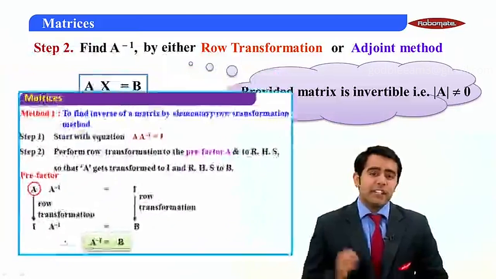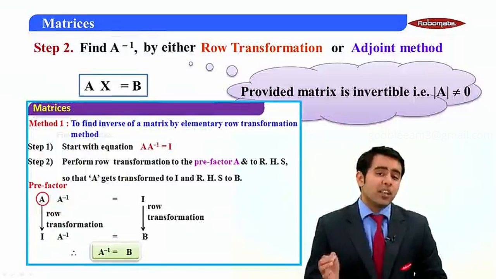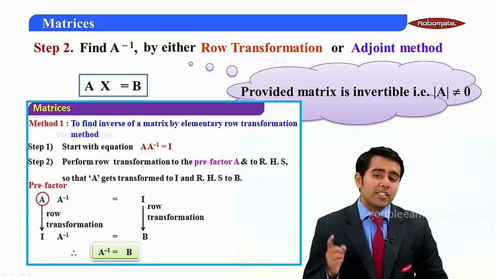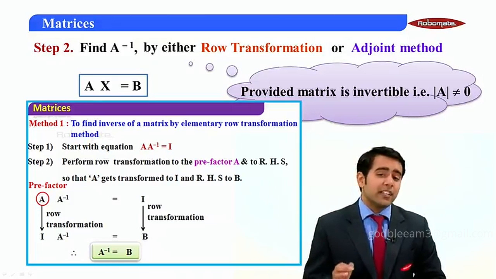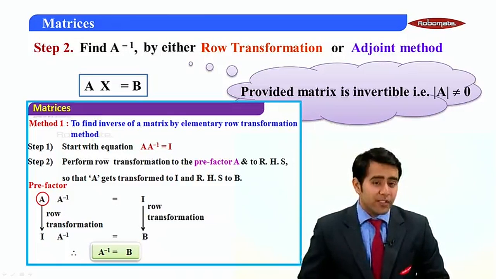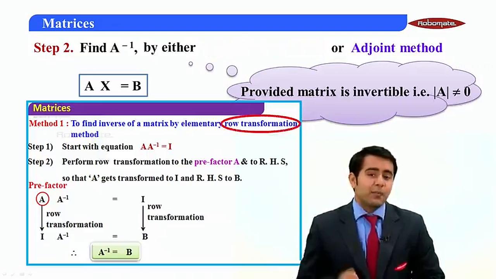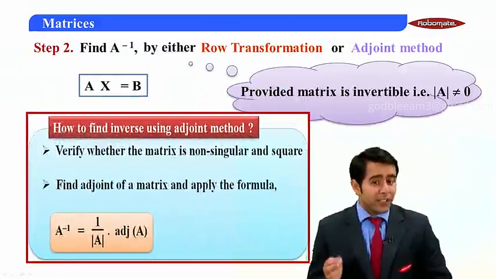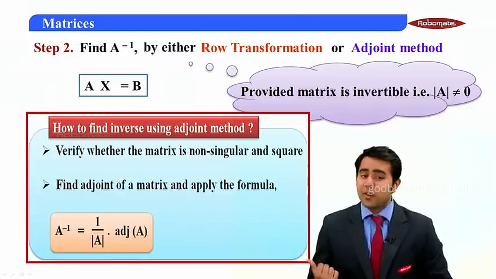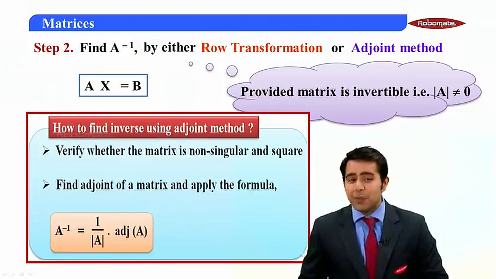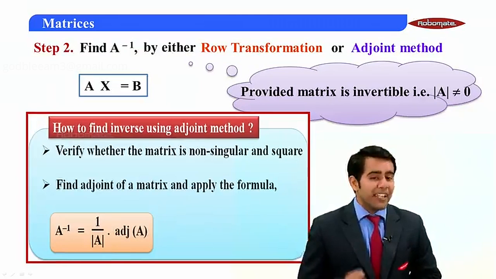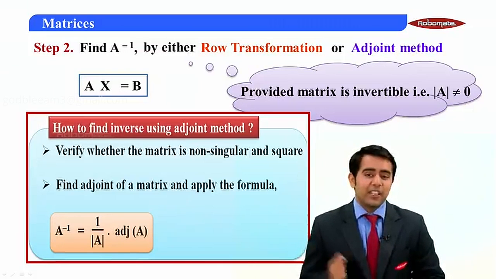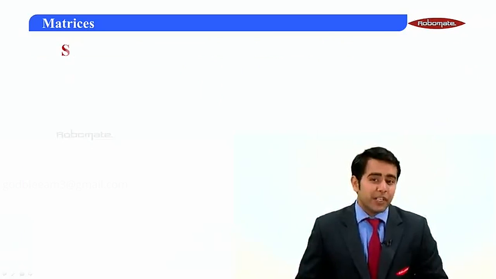Row transformation involved particular steps. For the adjoint method, we had to find adjoint A, and the formula was A inverse is equal to 1 upon determinant of A into adjoint A. So this was the formula for the adjoint method.